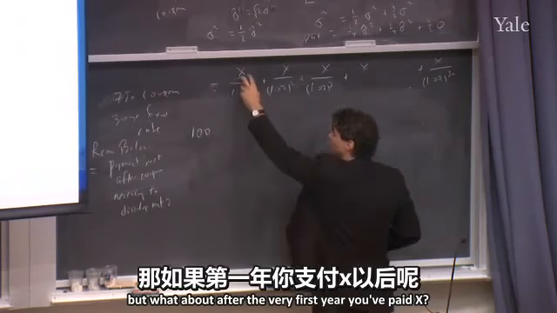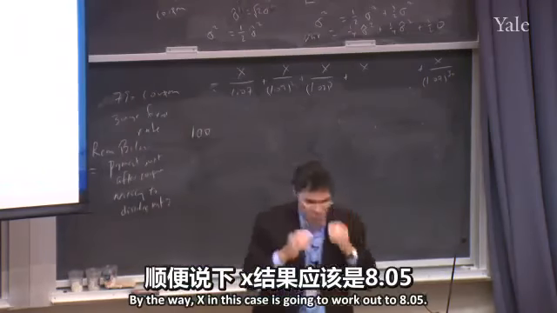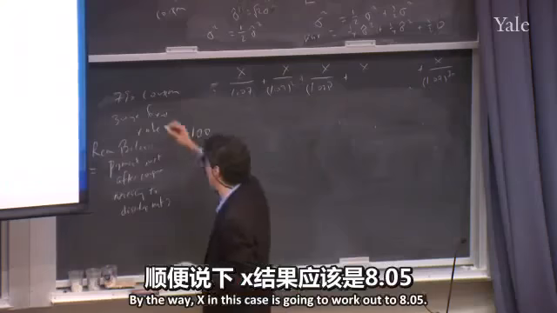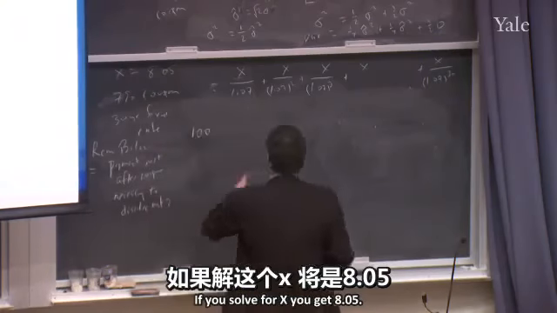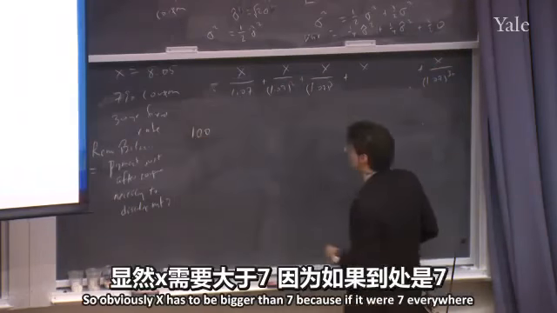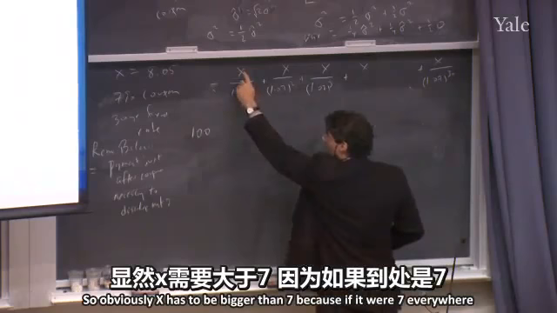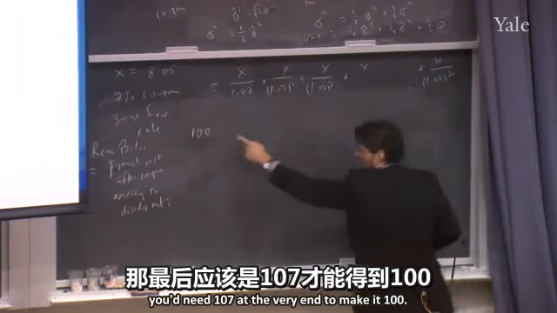But what about after the very first year, when you've paid X? In this case, X works out to 8.05. If you solve for X, you get 8.05. That 8.05 discounted at 7% gives you 100. Obviously X has to be bigger than 7, because if it were 7 everywhere, you'd need 107 at the very end to make it 100.